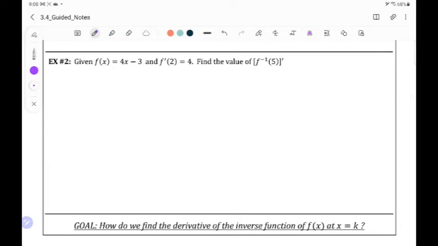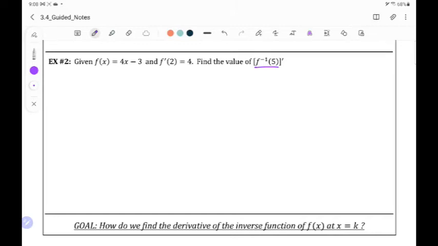So here we go. Given f of x equals 4x minus 3 and f prime of 2 equals 4, find the value of f inverse of 5 prime. So first of all, you might be like, wait, I don't even know what f inverse is. That's okay. Let's just take it step by step and look at what we do know.